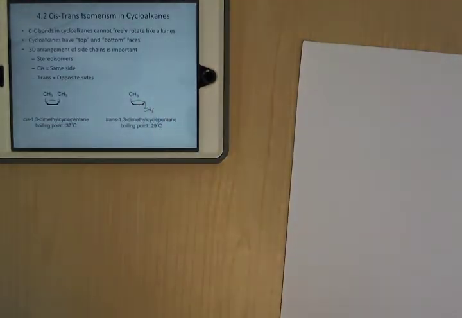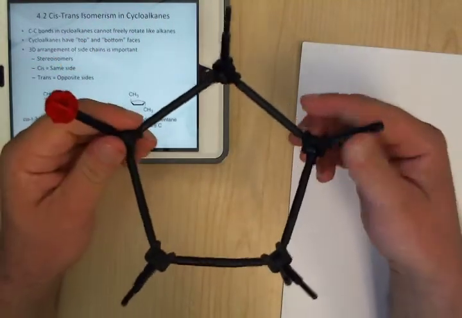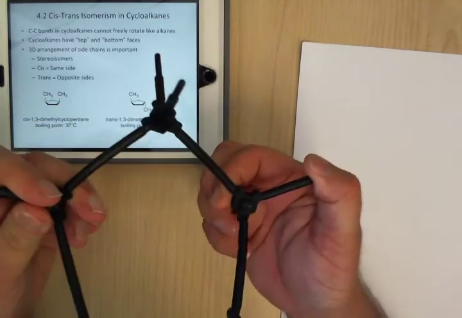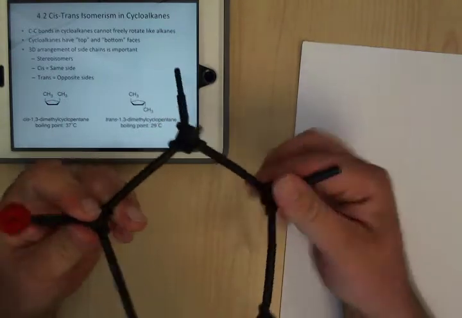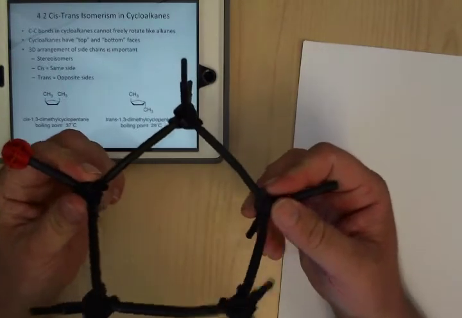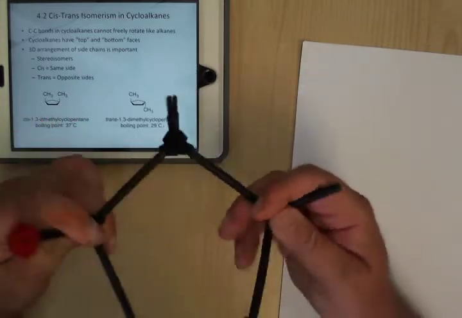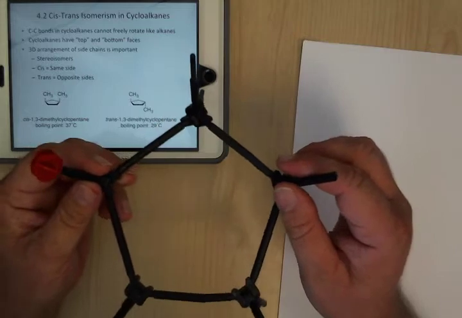But the problem is if you have a cyclo, in this case a cyclopentane, you can't rotate. You can rotate a little bit, but you can't really do the whole thing. You can get about to there, and then unless you break the bond, unless you break your model set, it's not going to happen. It's going to wiggle around a little bit, but it's basically fixed in space.